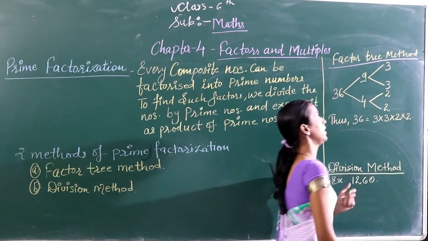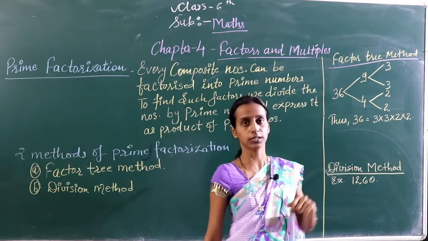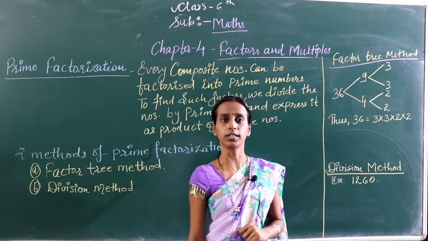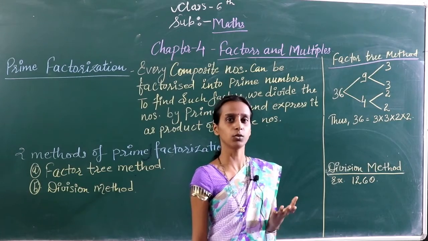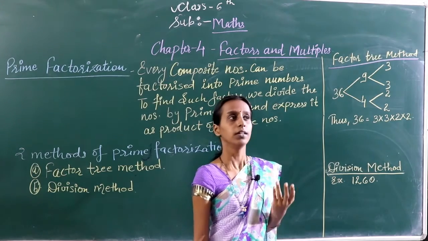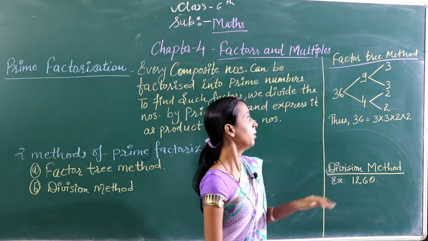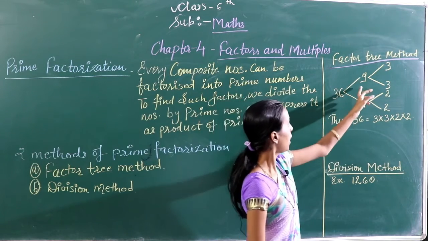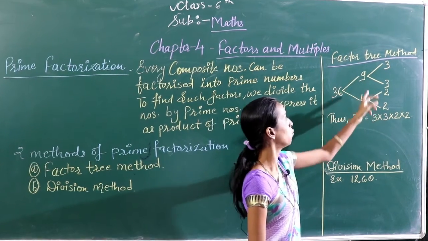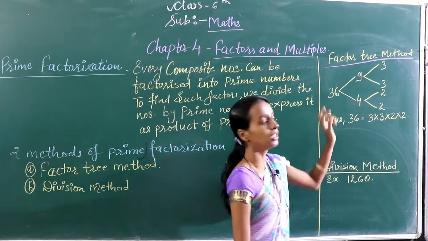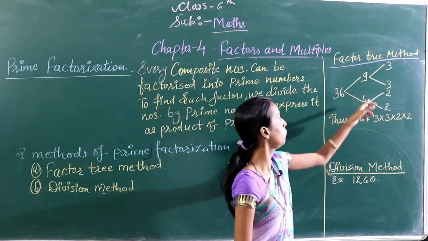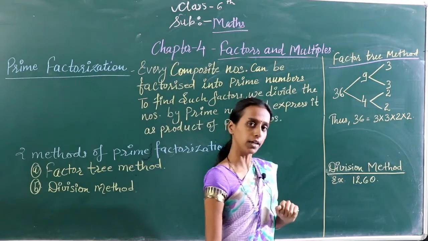If I take one example, a number 36, then what are the factors of 36? There are many factors: 1, 2, then 4, then 3. But here, I have written 9 and 4 because 9 into 4 is 36. So 9 and 4 are factors of 36.